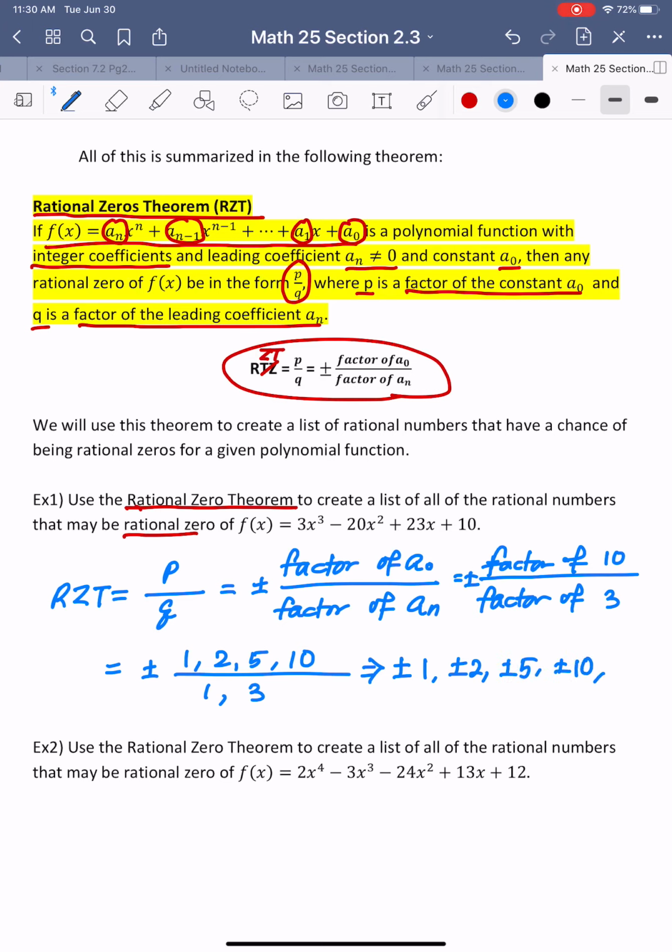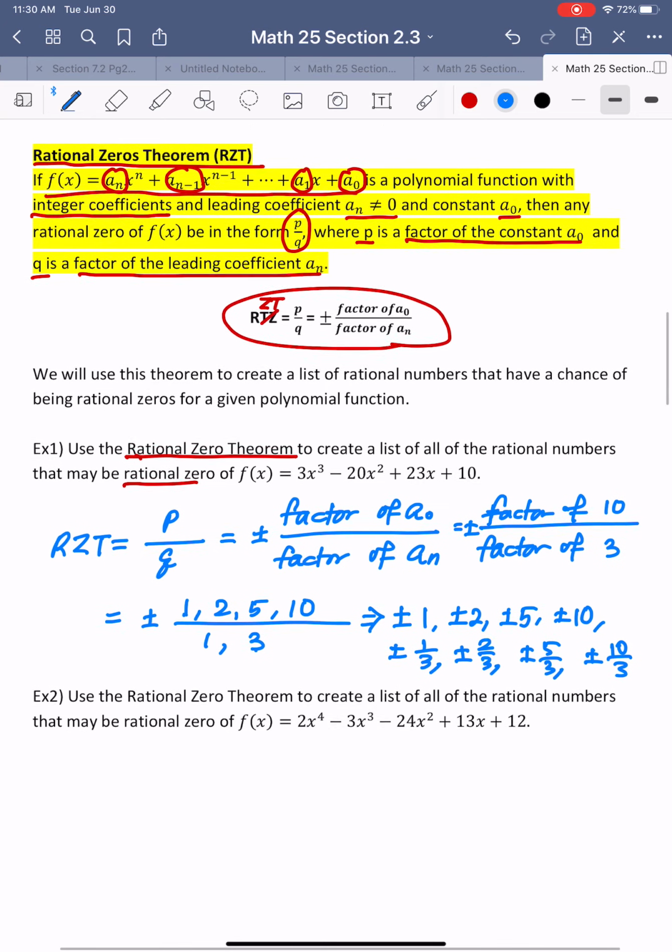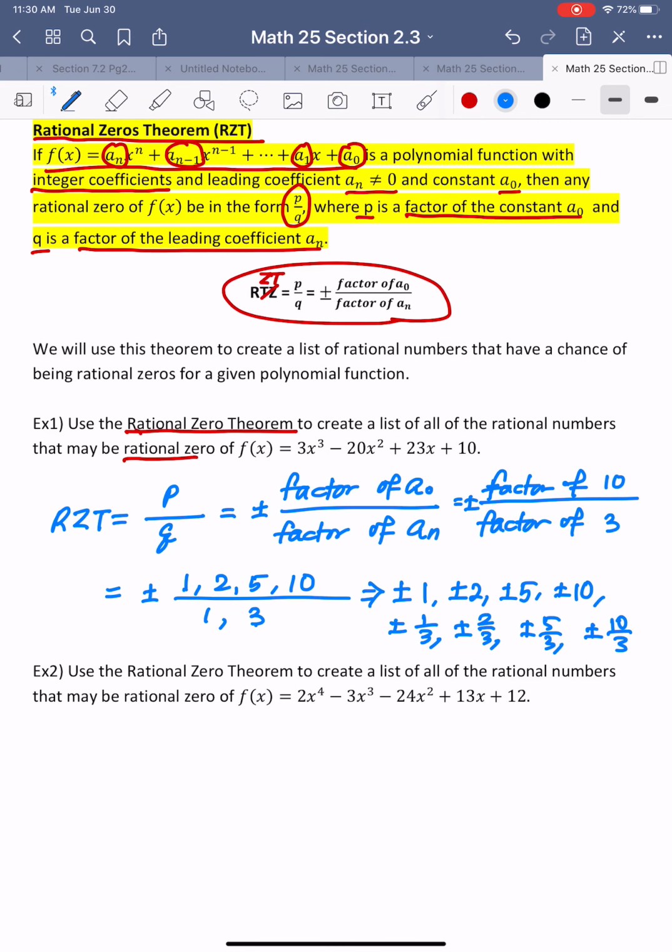And also take the 3 as the denominator, so 1 over 3. So plus minus 1/3, plus minus 2/3, plus minus 5/3, and plus minus 10/3. So whatever rational solution you get for that polynomial function will be one of those, okay?